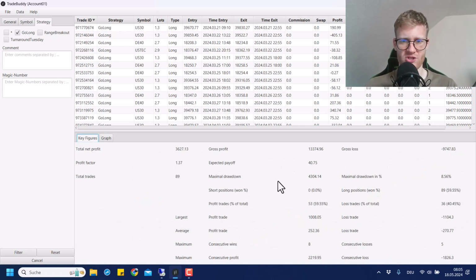The profit factor is just super, super good. The total net profit is now also crazily, amazingly profitable, which is great. But also, for myself, I know that this is not sustainable. This will not continue like this in the future, but I'm not aiming for this kind of profit factor.